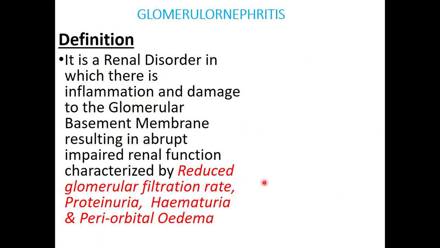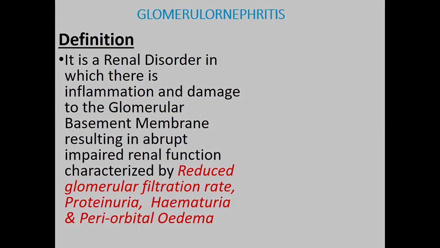Filtration will drop, meaning urine output will reduce, so the patient will have oliguria. Then there's proteinuria because of the damage to the basement membrane. Proteins will be found in urine, some portions of blood, and the blood fluid shifts from blood vessels into tissues because you have lost plasma proteins, which maintain the oncotic pressure of blood.